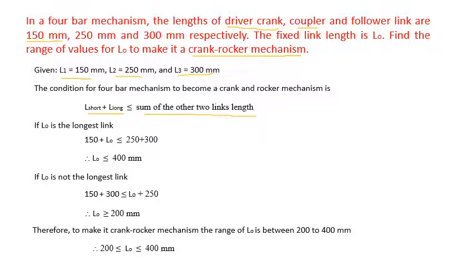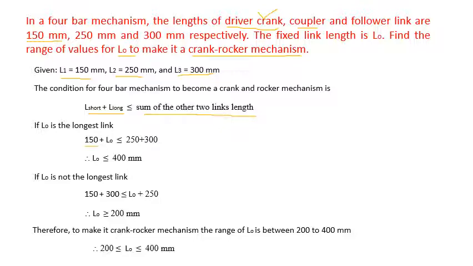Suppose this L naught is the longest link, let us consider L naught as the longest length, because we cannot consider it as the shortest link. The shortest link value is given in the problem itself, the driver crank.